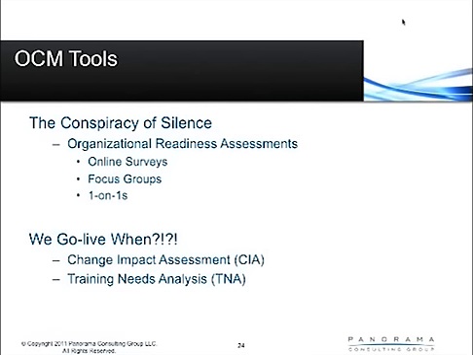We also do focus groups and one-on-ones to support the quantitative data that we collect in the online surveys with some of the qualitative information. The intent with these readiness assessments is to really understand where the resistance is, why it's there, and ultimately to determine what needs to be done to address it.